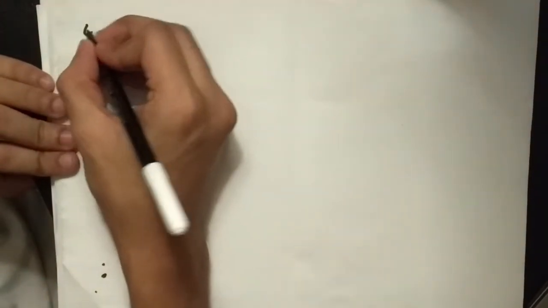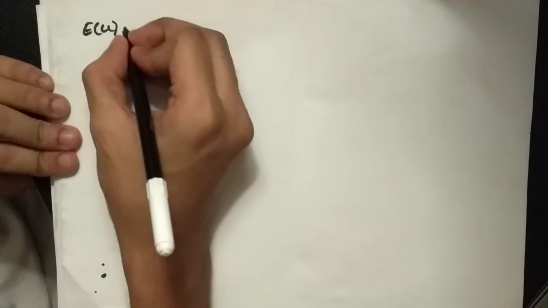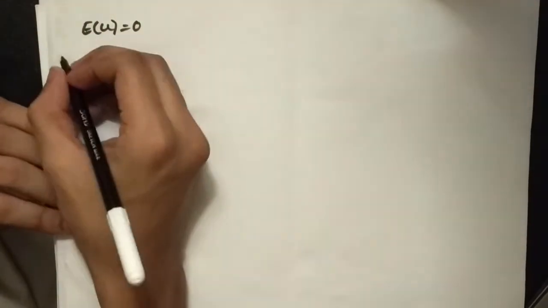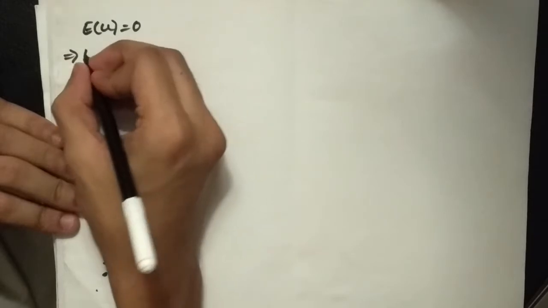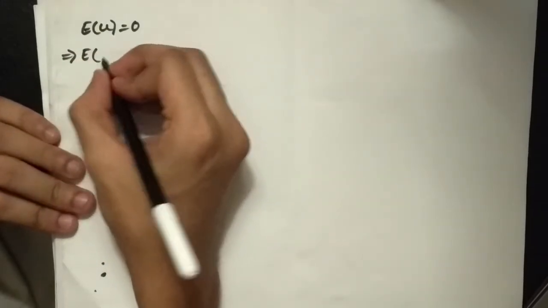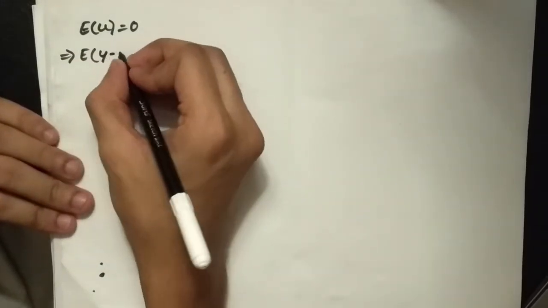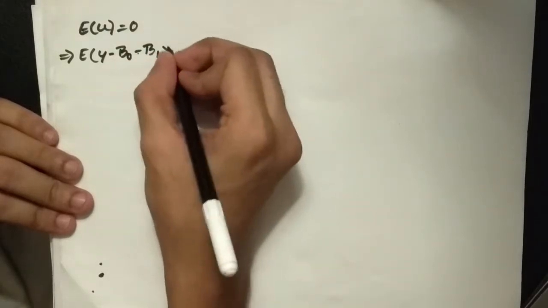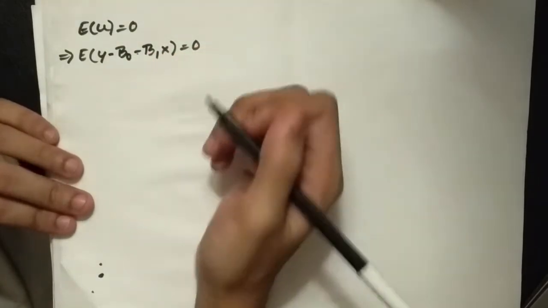Our first assumption says that the expected value of u equals 0. So we can write it as the expected value of y minus beta naught minus beta 1 x equals 0.